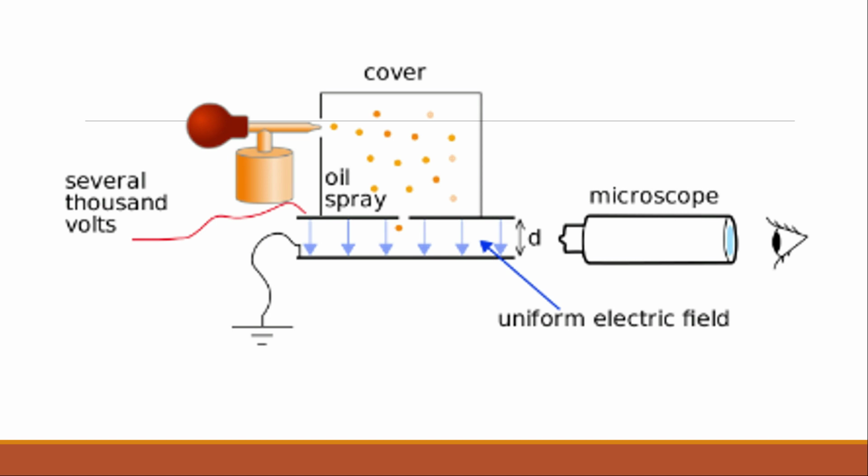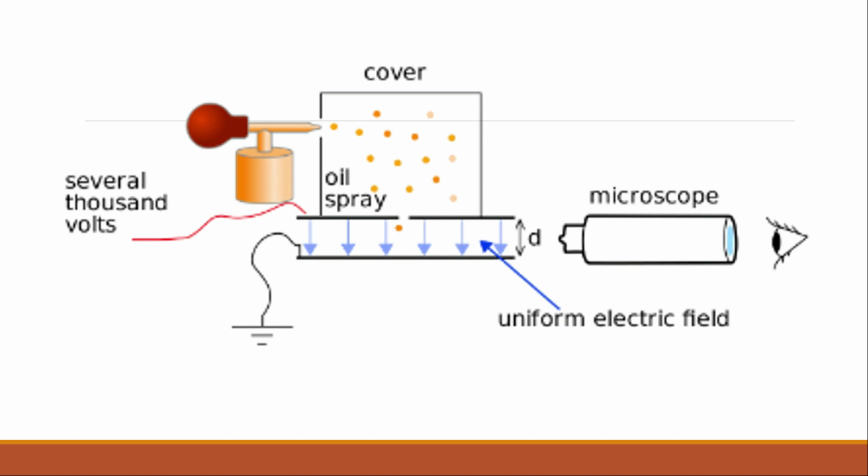So you can apply electric fields, and you'd have a little knob or dial that could control the voltage difference across those two plates. And you'd use your microscope to keep an eye on the oil droplet.